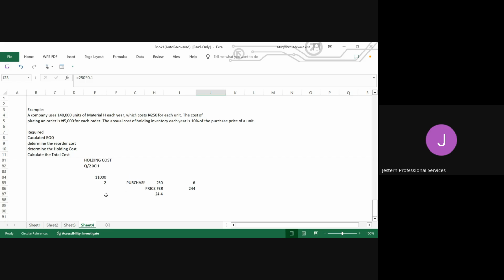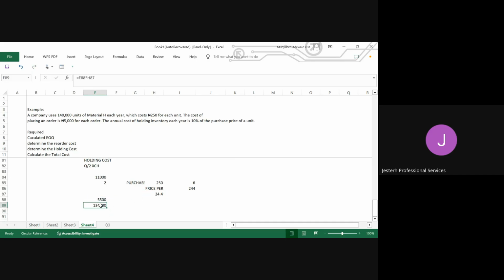Now, we will come here and say this 11,000 units divided by 2. Now, multiply this average by the holding cost per unit.